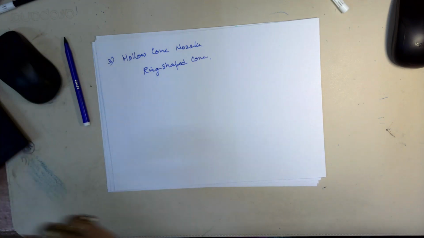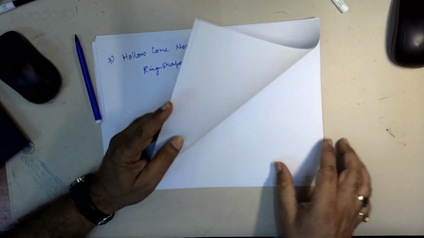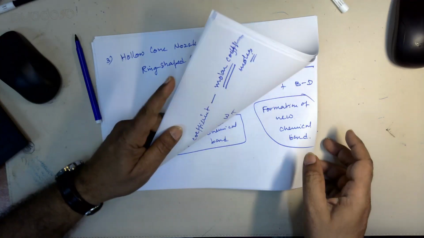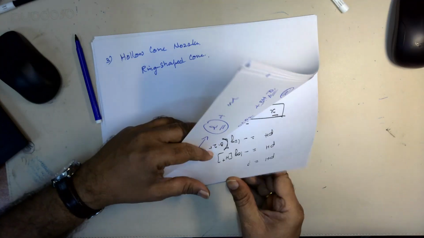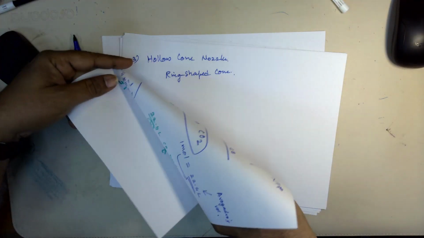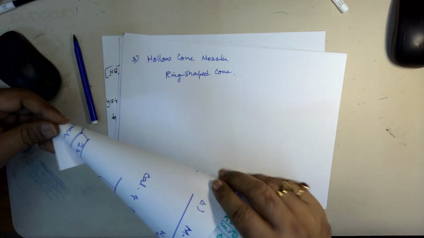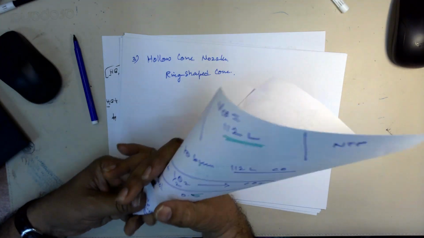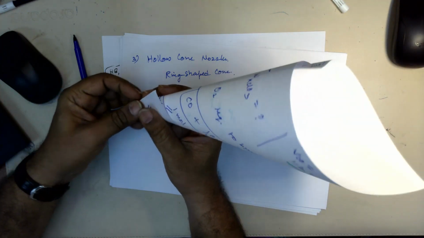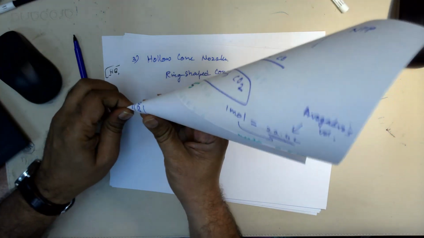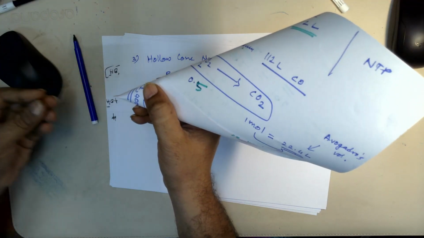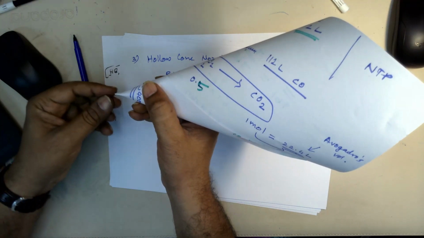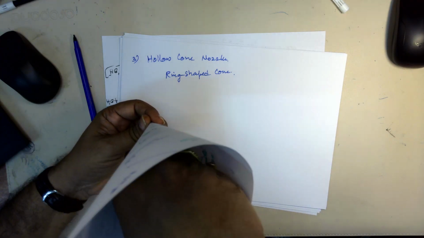So actually the conical pattern will be like this. It's a kind of hollow cone. This is the nozzle, and here you can form a hollow pattern.